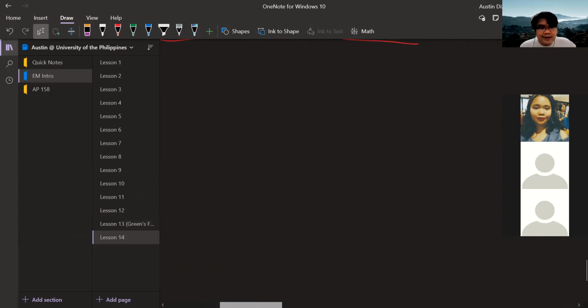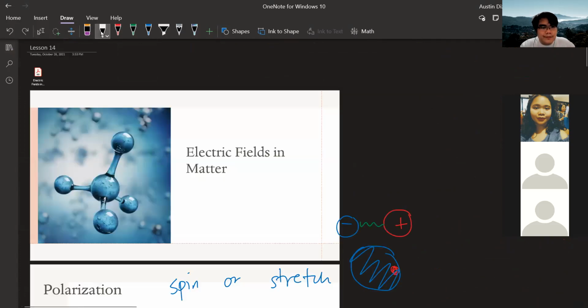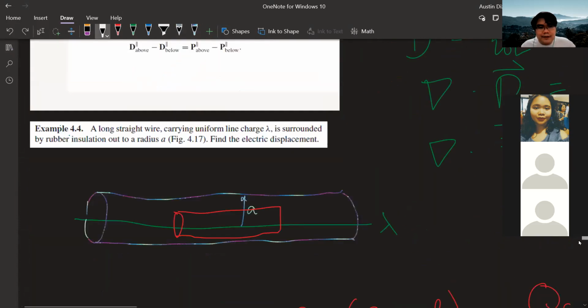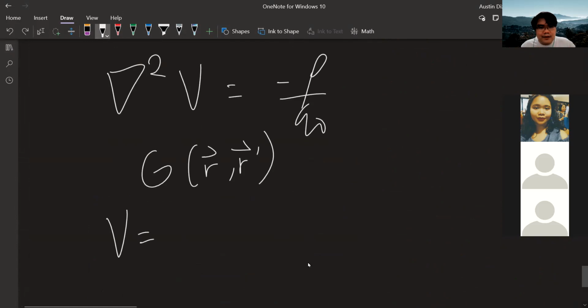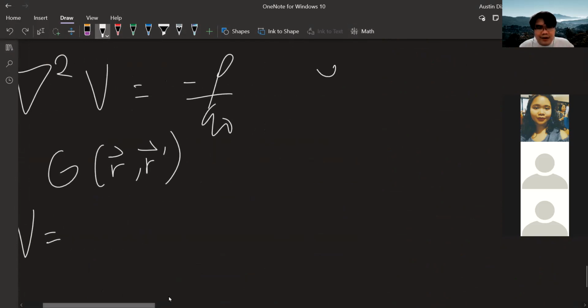Now, I can write this as L. Oops. What's happening? Yung del squared ko, i-Laplacian ko, pwede isulat niya as L, di ba? LV equals negative rho over epsilon naught.